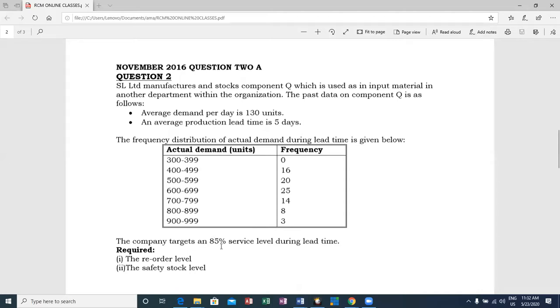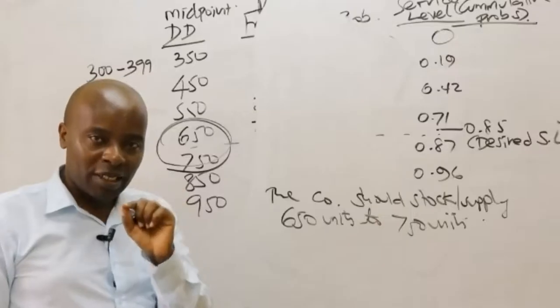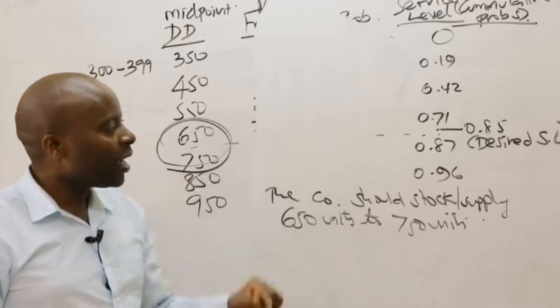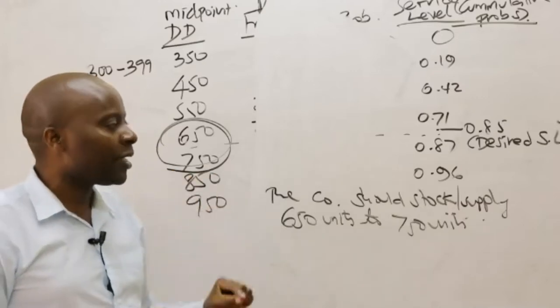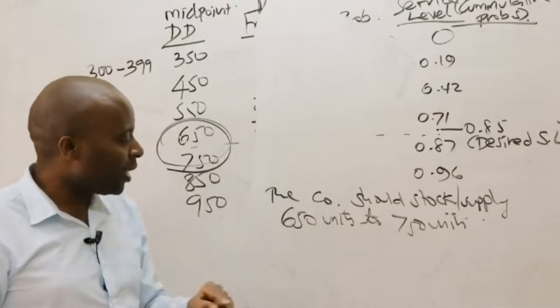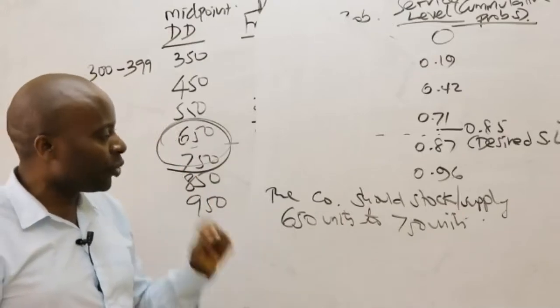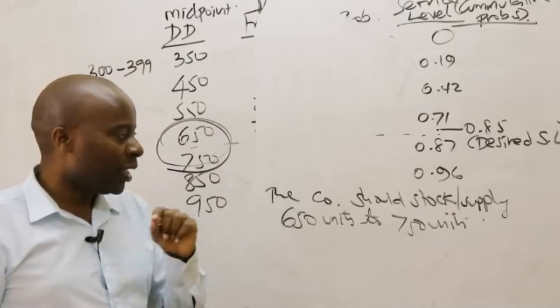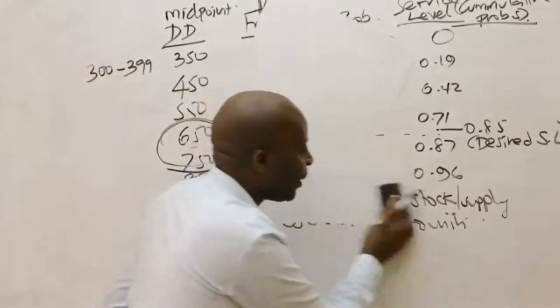But you see, they want you to give them a precise figure. And this precise figure can only be obtained through interpolation. So you want precision.